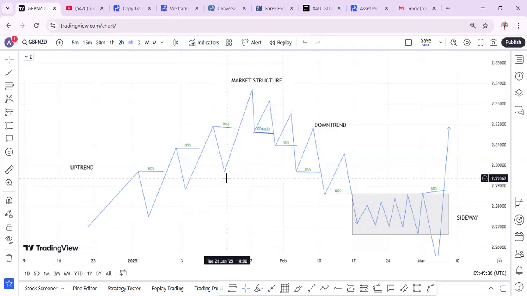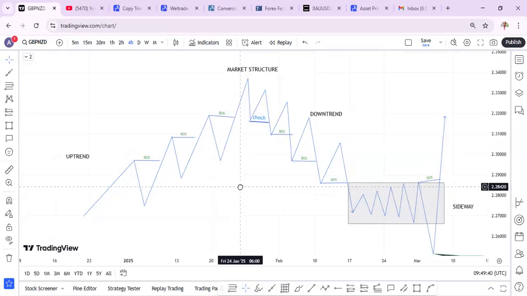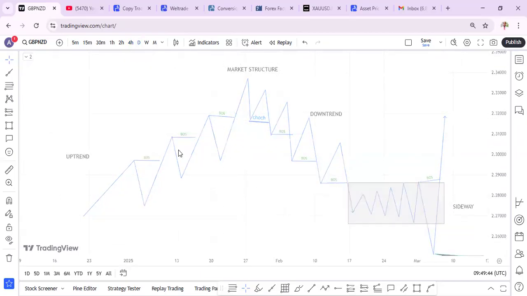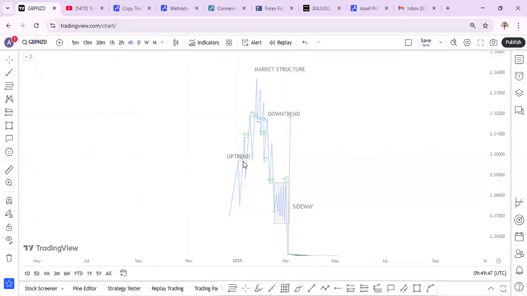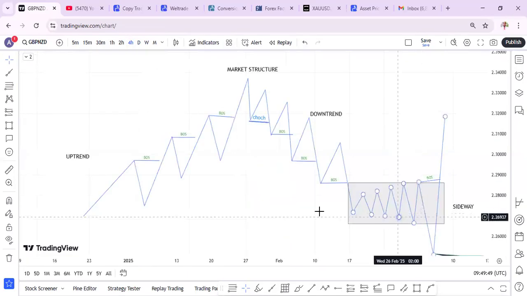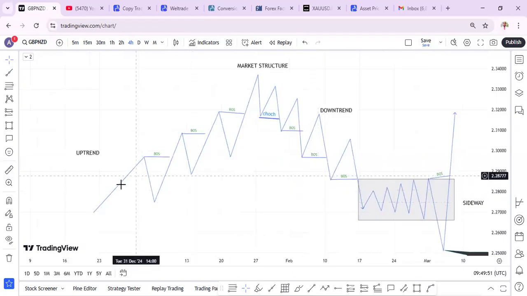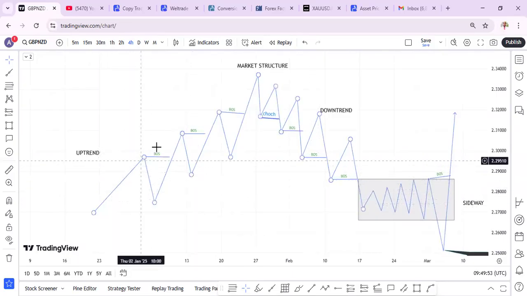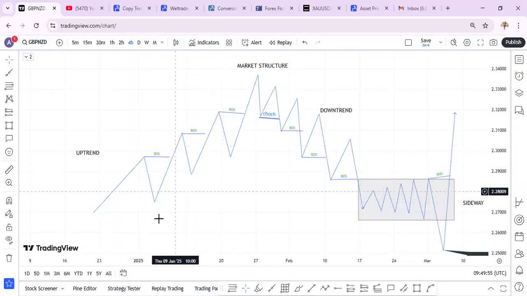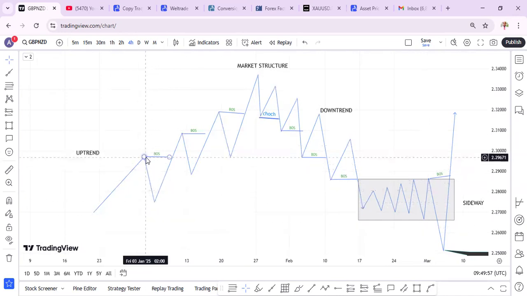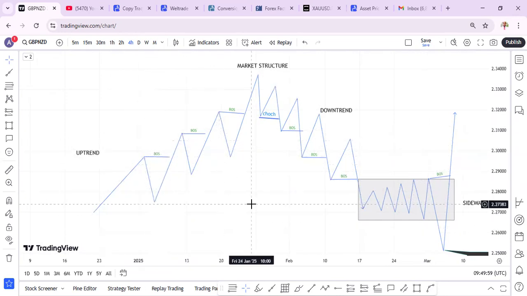So now we break it down within 5 minutes. First and foremost, let's say I'm in a daily time frame. This chart is a daily time frame. The market order flow of the daily time frame is showing me a break of structure.